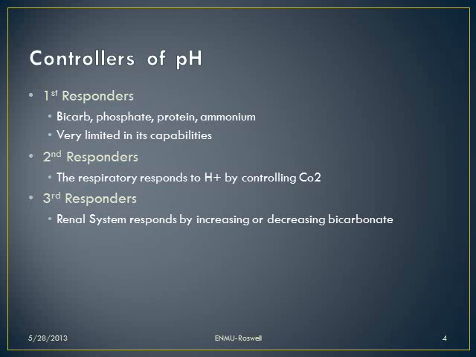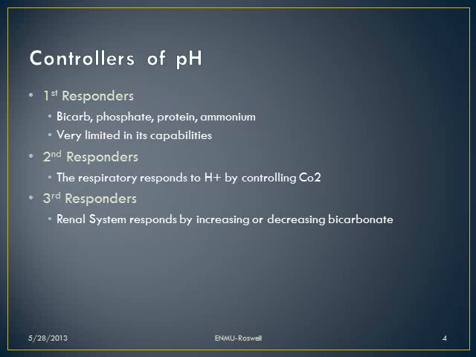The second responder, the next quickest to react, is going to be the respiratory system, and it's going to control our concentration of hydrogen ions by the amount of CO2 that we blow off. Realize somebody that is acidotic is going to breathe faster because they're blowing off CO2, while somebody that is alkalotic is going to breathe slower because they're trying to retain or hold on to their CO2 to maintain their acid-base regulation.